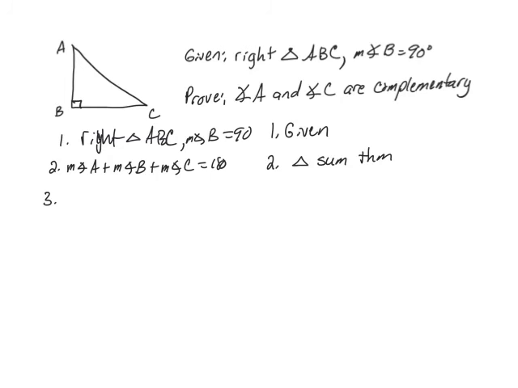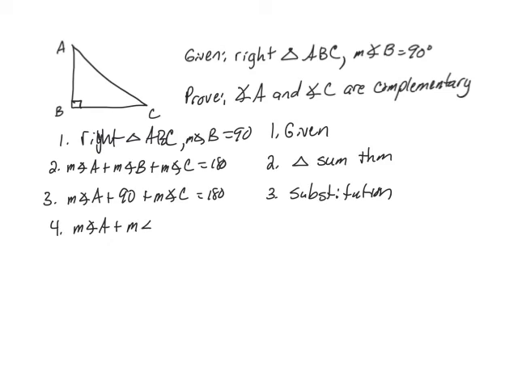So by substitution, I can say the measure of angle A plus 90 plus the measure of angle C is equal to 180. So that's substitution. Then I can subtract the 90 from both sides. And I have the measure of angle A plus the measure of angle C is equal to 90. That's subtraction.